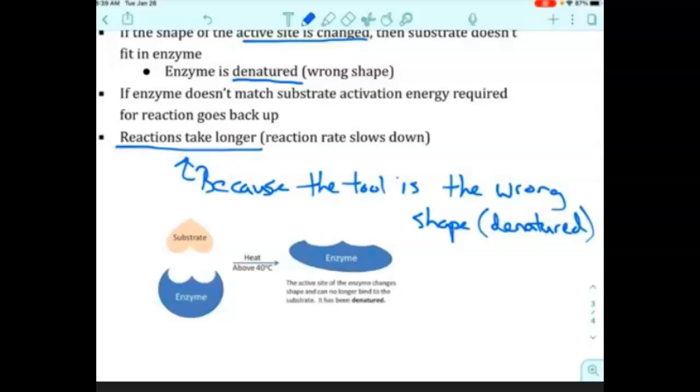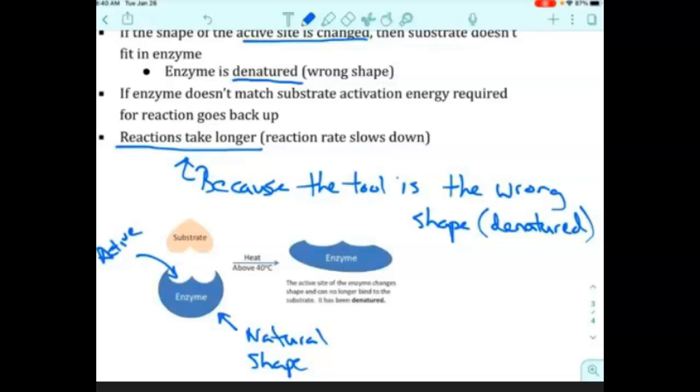And so I like this little illustration here, right? On the left side, we see an enzyme with the natural shape. And you can see how it fits, right? It's got the right active site so that it will fit that substrate.